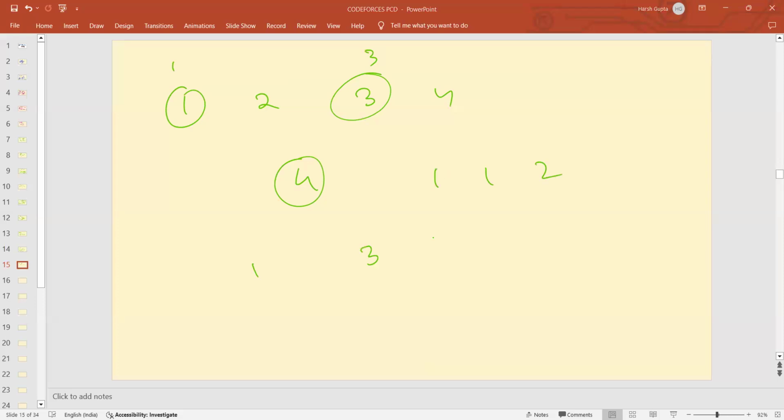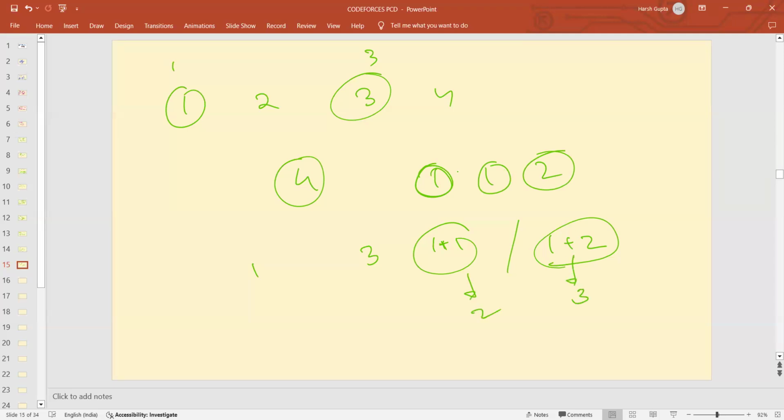Possible pairs are 1 plus 1 or 1 plus 2. In both cases, these numbers are prime numbers. If I add any two numbers, the sum will always be a prime number. So I can't take any two elements which on addition of their values give a non-prime number. So my answer in this test case would be minus 1.